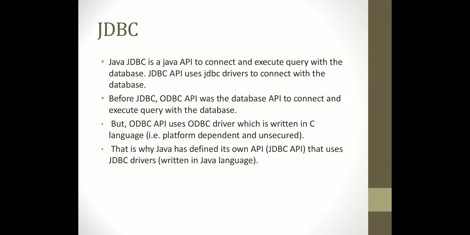The last point we started with was JDBC, the JDBC connectivity, and what JDBC is. Java JDBC is a Java API that is used to connect and execute queries with the database, and the JDBC API uses JDBC drivers to connect with the database. Before JDBC, the ODBC API was the database API to connect and execute queries with the database.